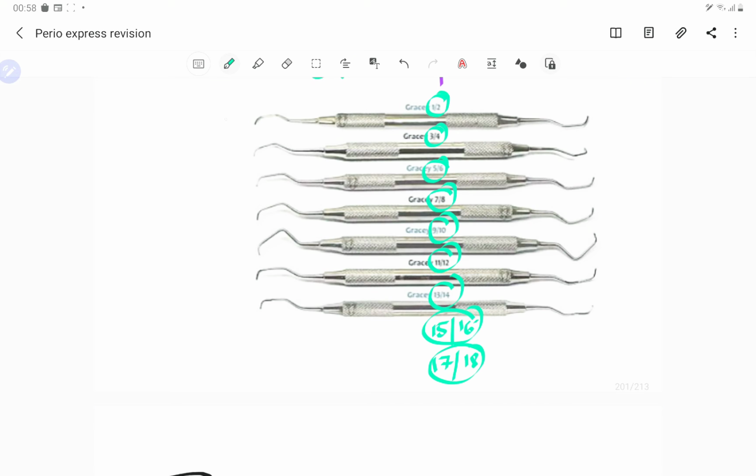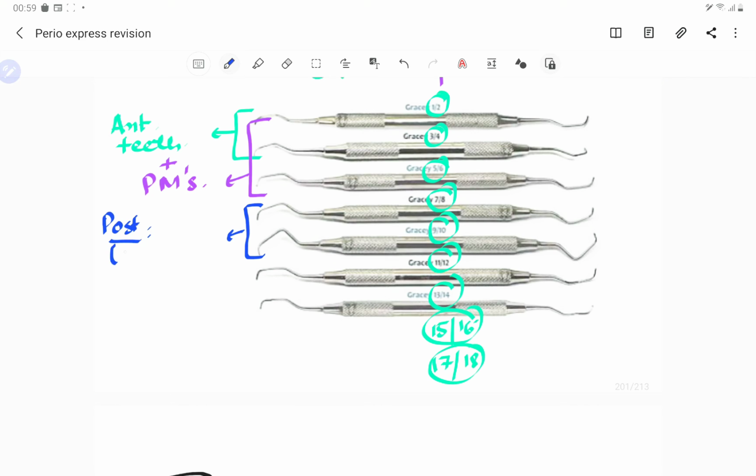Let me tell you the function of these Gracey curettes. 1, 2, 3 and 4 are used for anterior teeth. 5 and 6 are used for anterior plus premolars. Then 7, 8 and 9, 10, both of these curettes we use for the posterior teeth, on the facial and lingual surfaces.